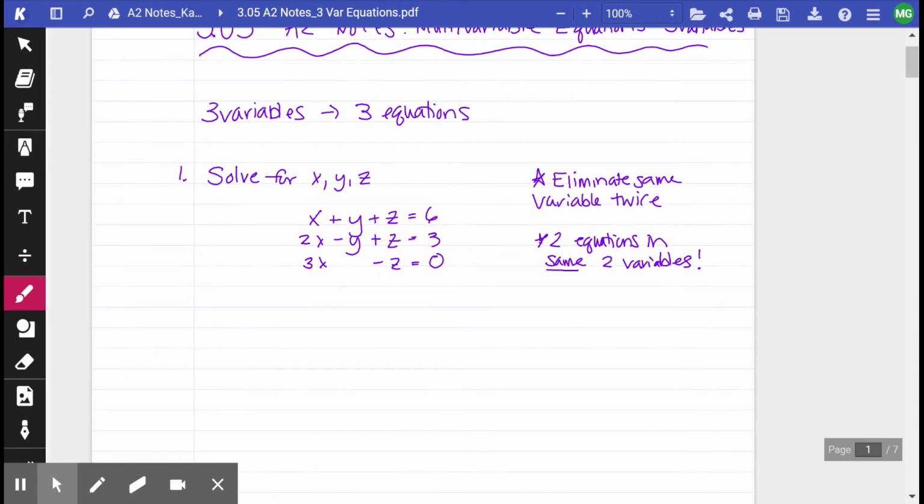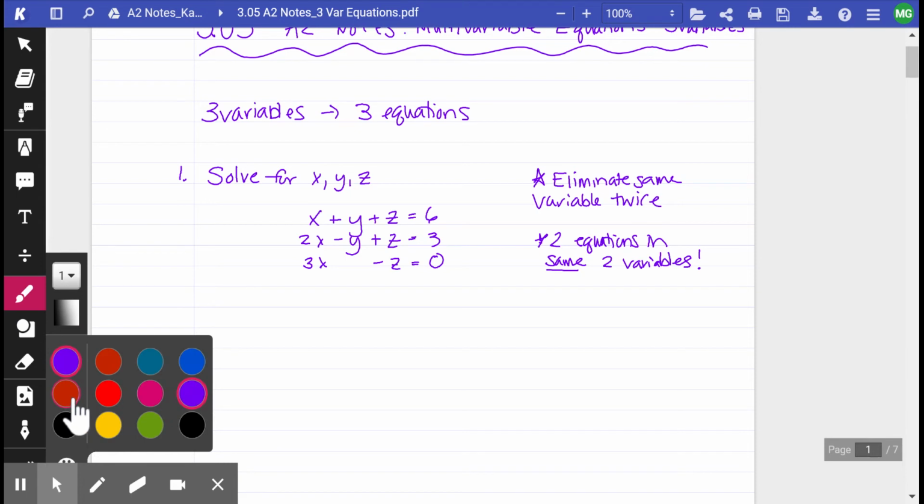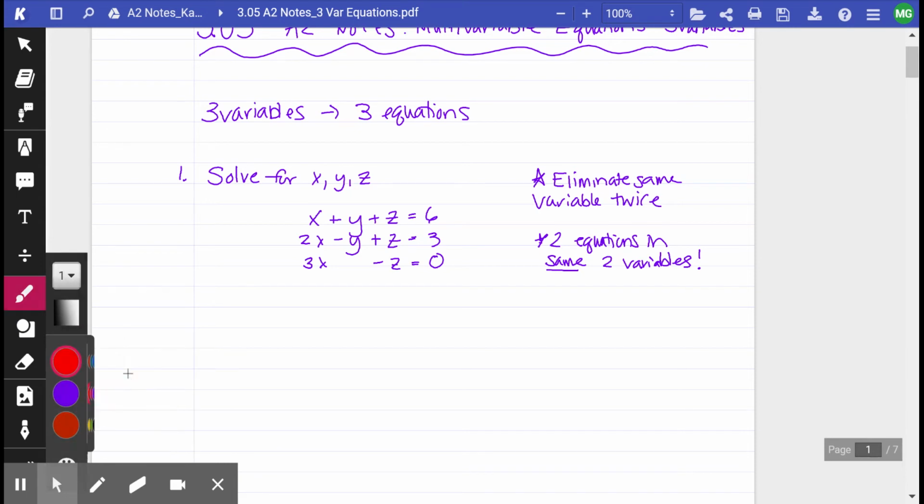Okay, so first thing I want to do is change colors here, and I'm going to label our work as we go, because these do require a lot of work. So I'm going to call these E1, E2, E3, meaning equation 1, equation 2, equation 3.